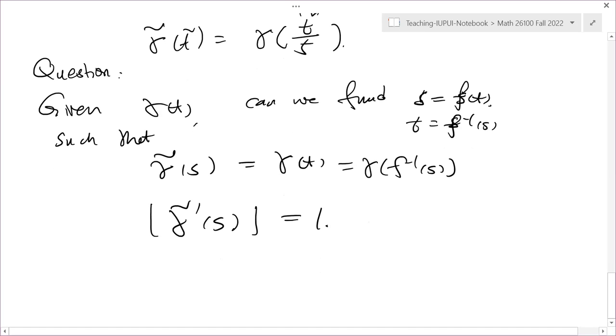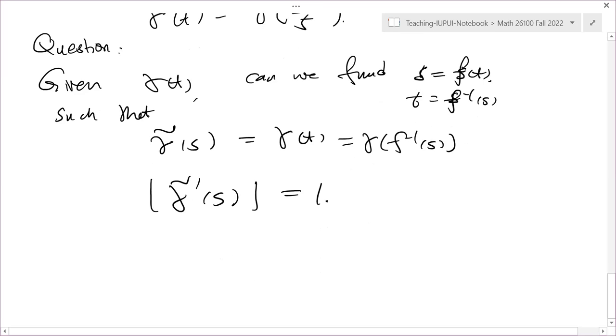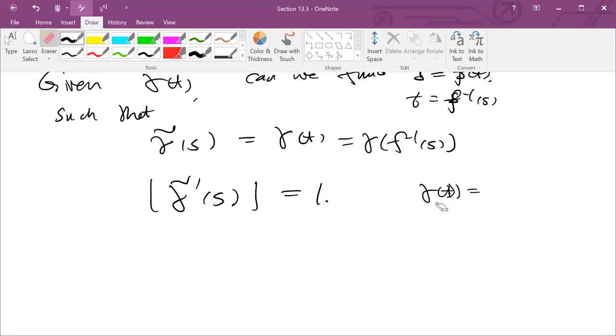First of all, we have to figure out how s depends on t. Assuming it's possible, then we can get an equation.